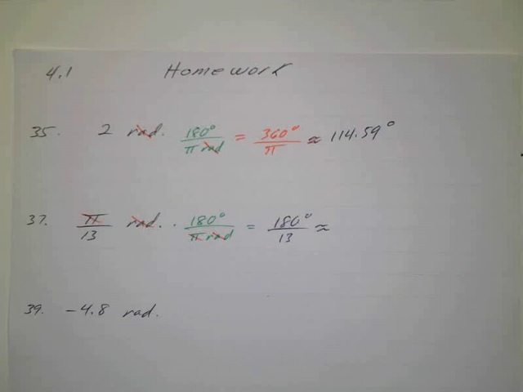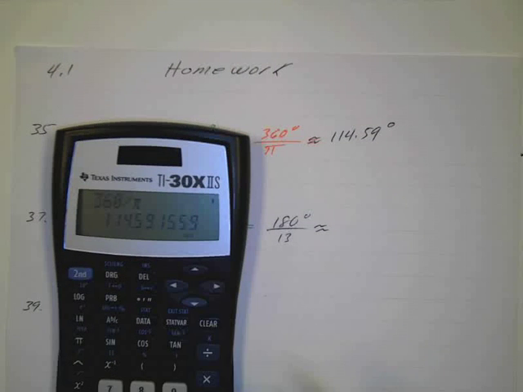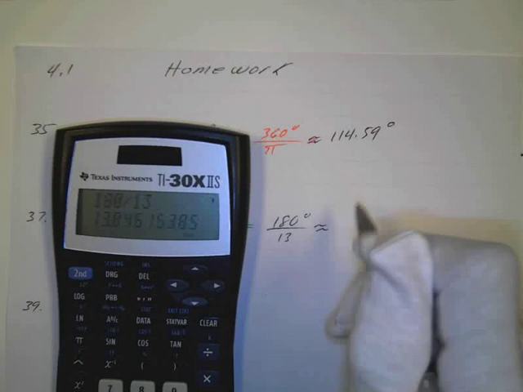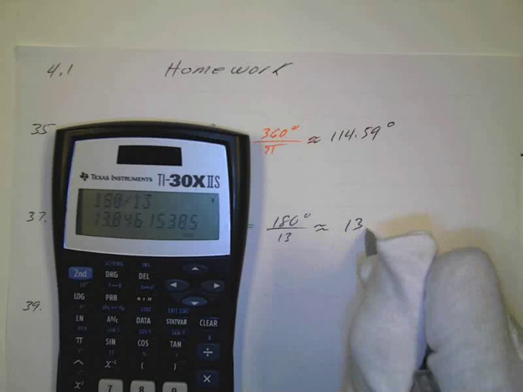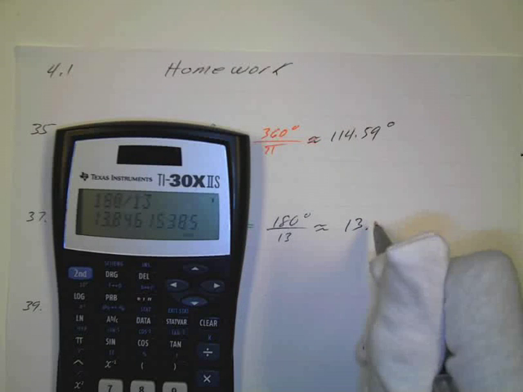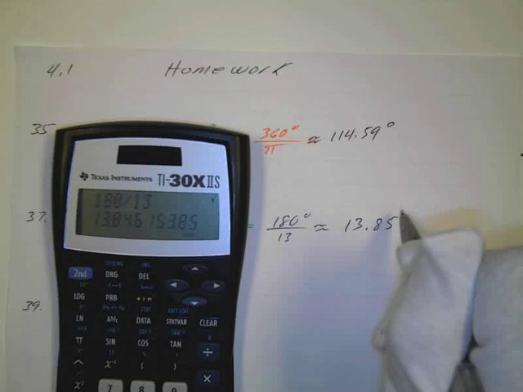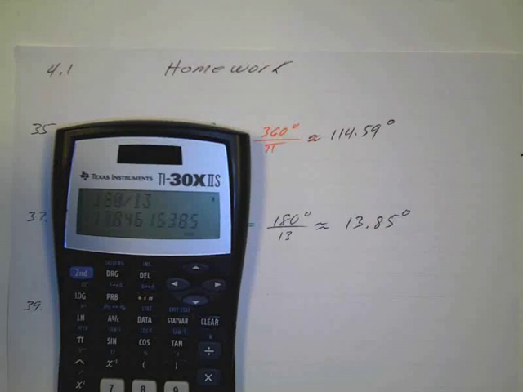And that's going to be approximately, get out my trusty calculator here, clear that, 180 divided by 13, and that's about 13.85, and that's all that's left of degrees.